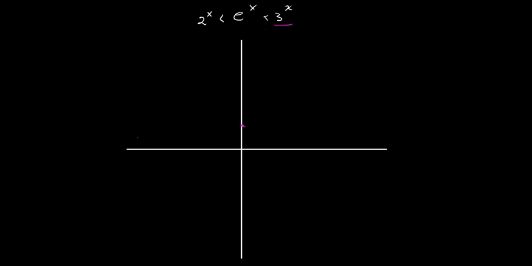It's going to be something like this. It's 1 at 0. And the function 2 to the x is going to be something like this. These are very vague drawings. You can check all this with a table of values or using a plotting program. So as e to the x is between these two functions, it's going to be something like this.